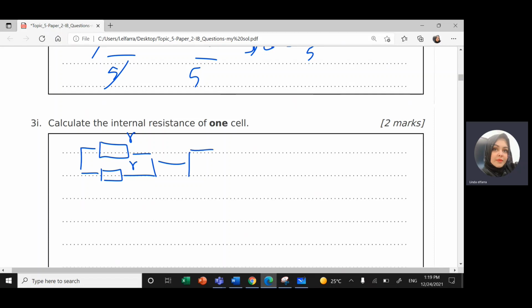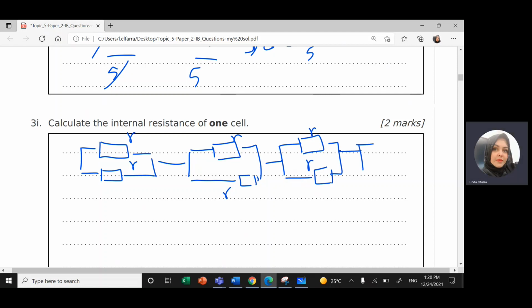So here the configuration is like that, r, and here same thing, r, 5 times: 1, 2, 3, 4, and the last one is like that, 5 times.